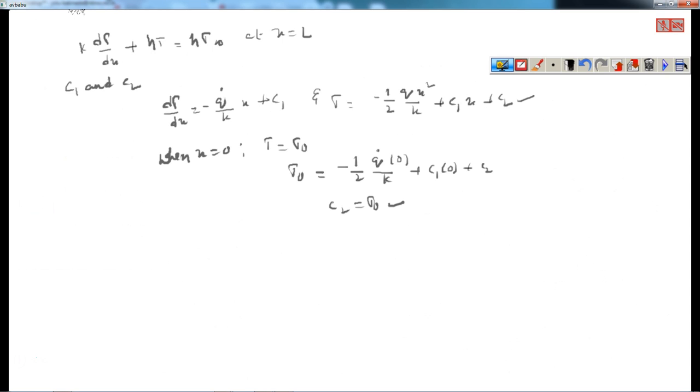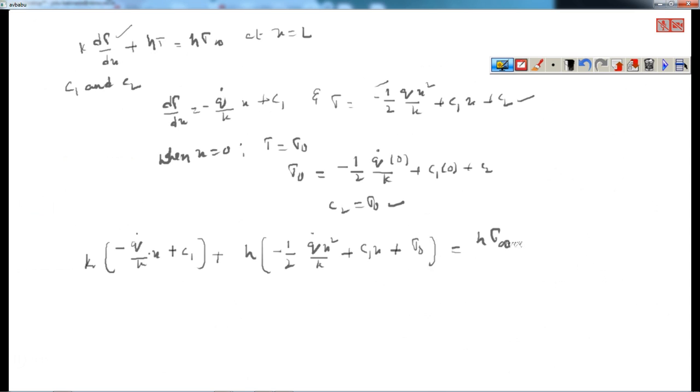Therefore, in the equation k into dT by dx, in place of this dT by dx I will use minus q dot by k into x plus C1, plus h into T, which is minus q dot x square by 2k plus C1 x plus C2, where C2 is equal to T0, equal to hT infinity.